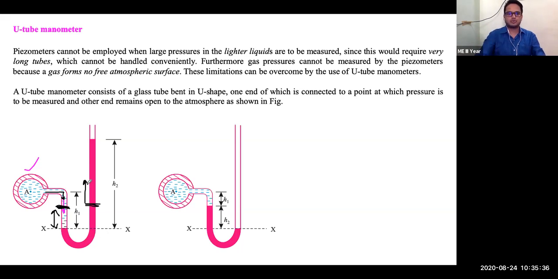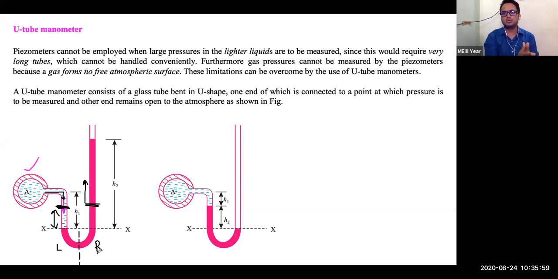Okay, in solving all the numericals related to this manometer, I am drawing a center line over here. This side we will consider as the left hand side, and this side as the right hand side of the manometer.